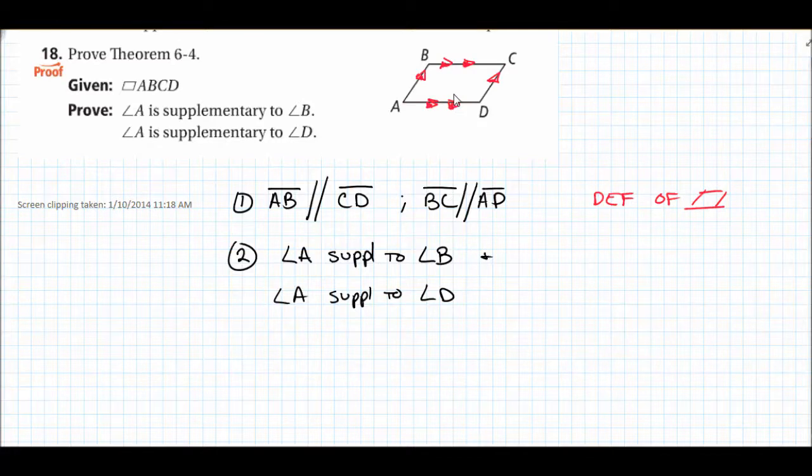We know they must be supplementary because same side interior angles of parallel lines are supplementary. So we're able to easily prove it.